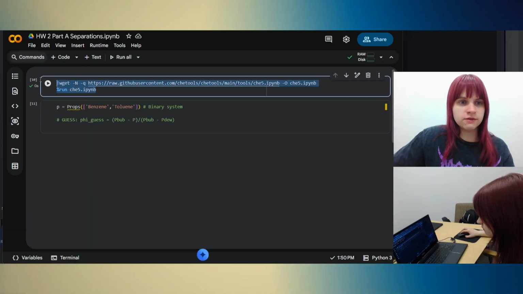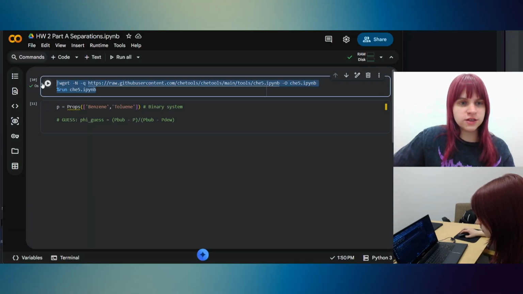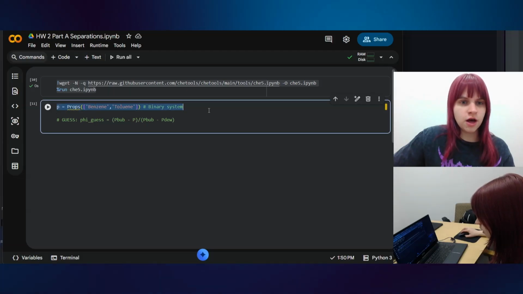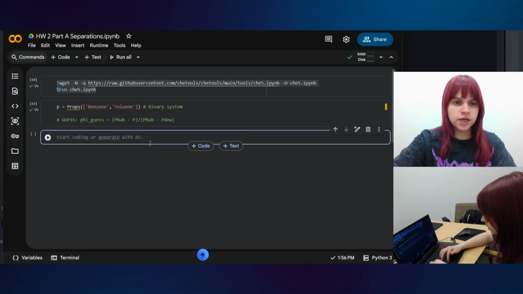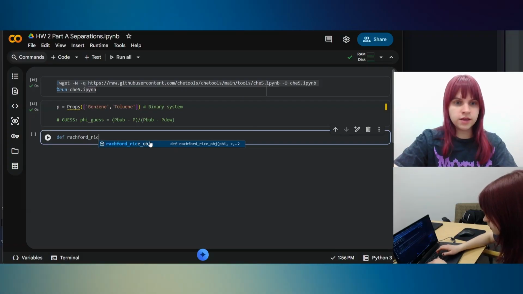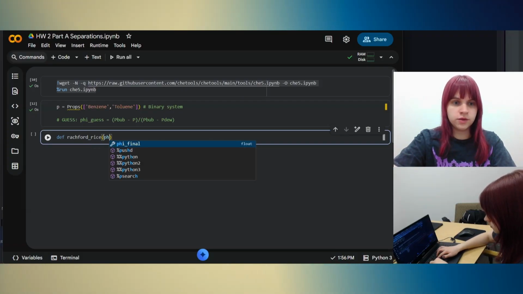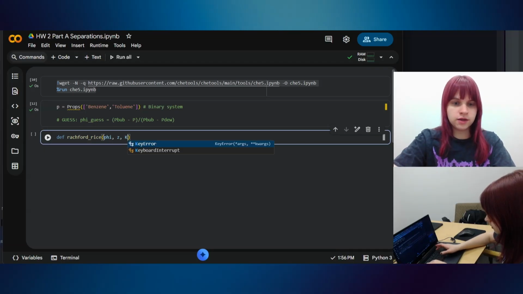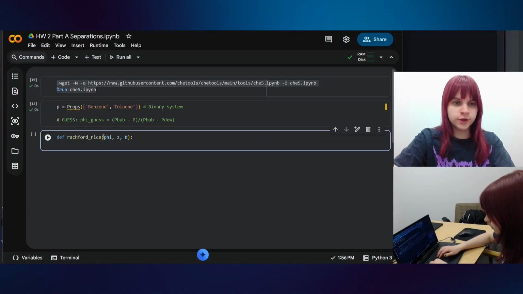So that is for this piece, and now we want to implement what we derived earlier. I already have this import that I've been using. I also took in the properties of my benzene and toluene. I'm going to go ahead and define our Rachford-Rice function, and we know it's a function of phi, z, and k that we talked about before.